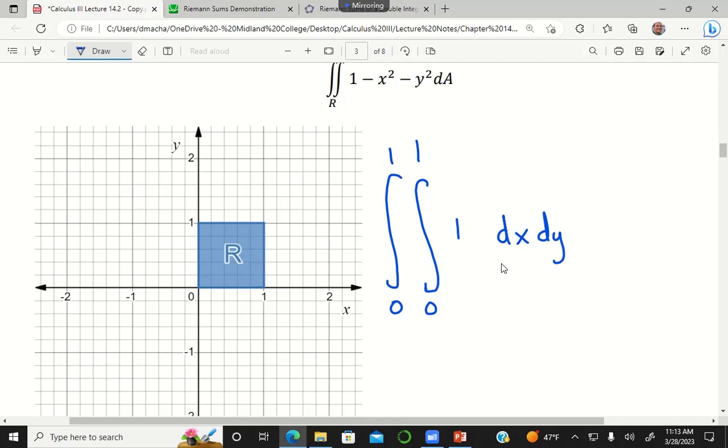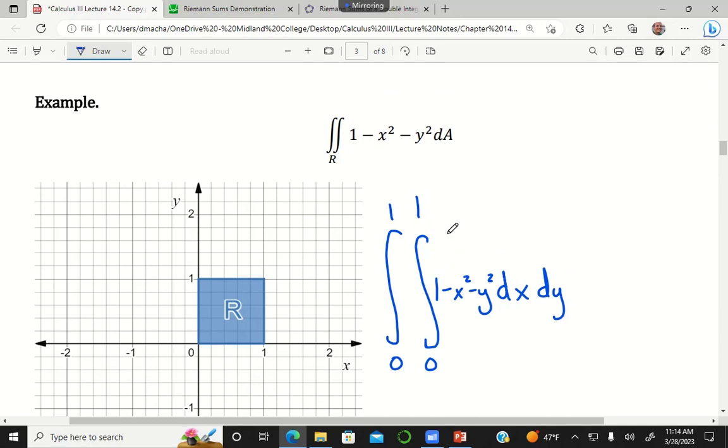And so if I want now not just the area, but the volume that's given by this paraboloid, or the volume that's bound between the xy plane and this paraboloid as it sits over this region in my domain, this is the double integral that I'm going to try to evaluate.